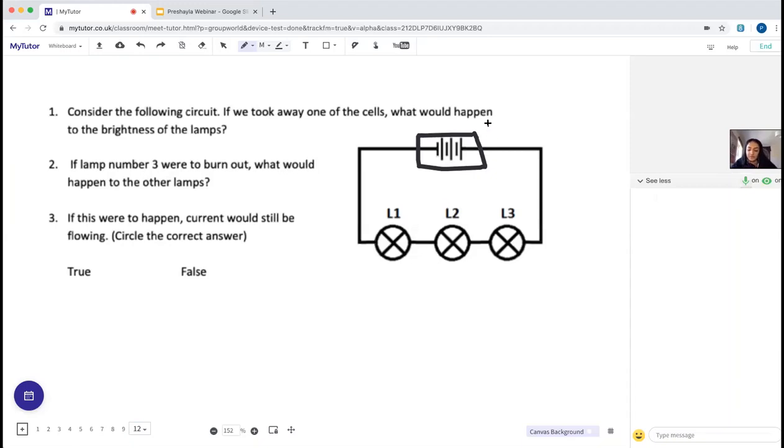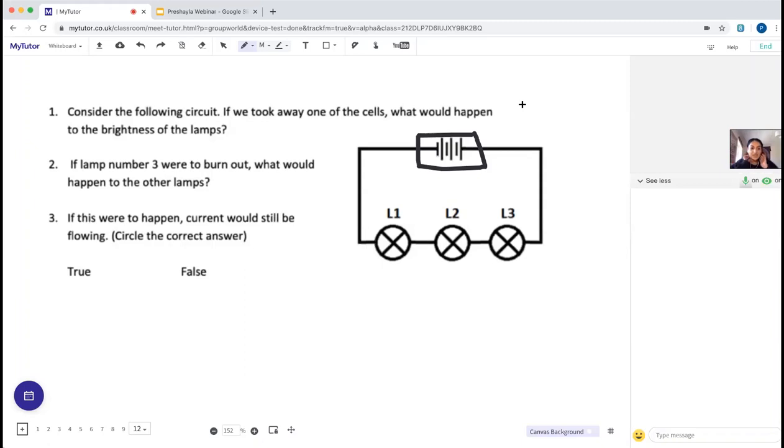You're all saying dimmer, which is great, but why dimmer? We have three cells connected together here in series to make a battery. And if you take away one of the cells, I can see you're all getting great answers.